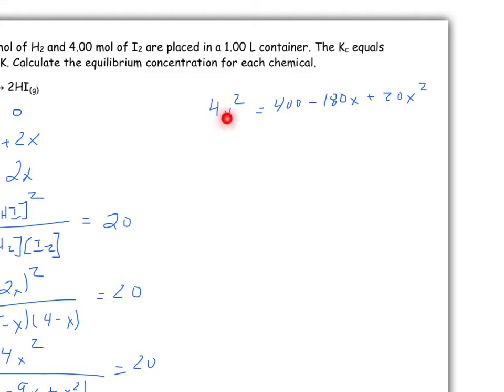So I'm going to subtract 4x squared so that I get 0 on this side.